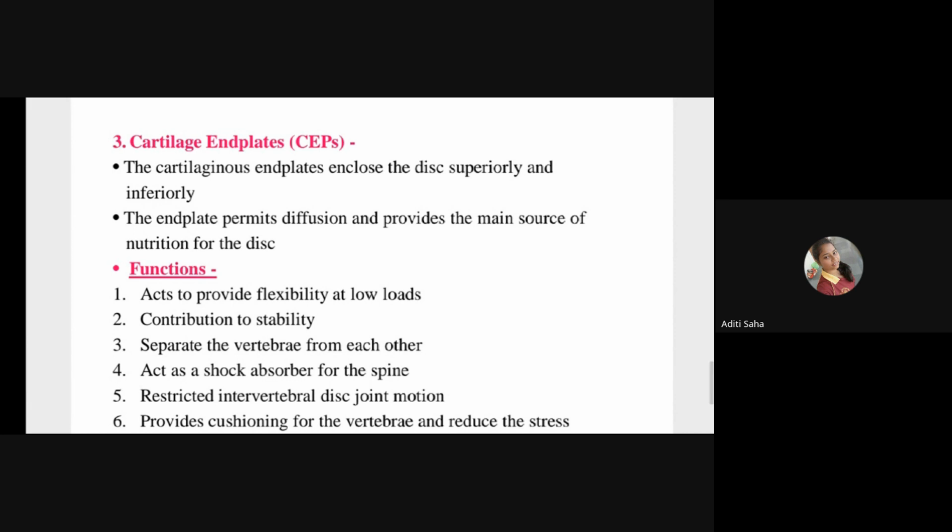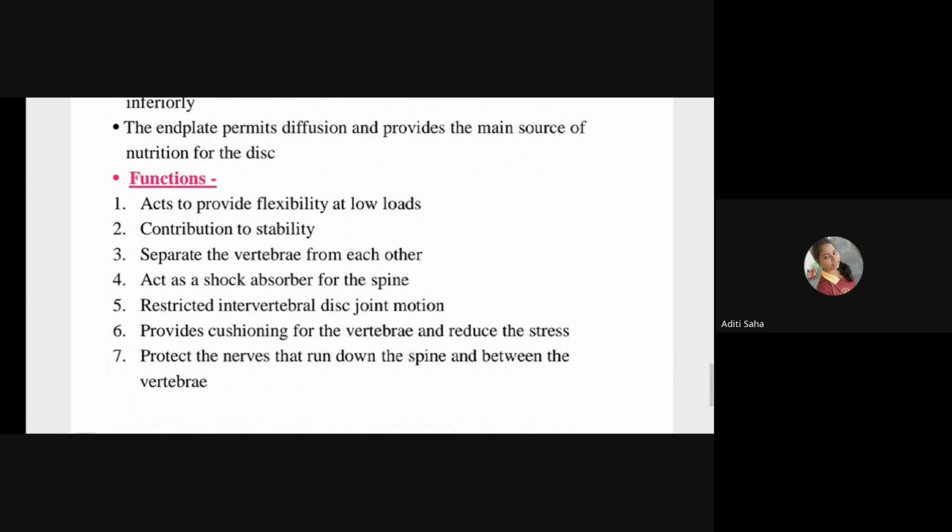Yes, they separate the vertebrae from each other, act as a shock absorber for the spine, restrict intervertebral disc joint motion, and provide cushioning for the vertebrae and reduce the stress, and protect the nerves that run down the spine and between the vertebrae.